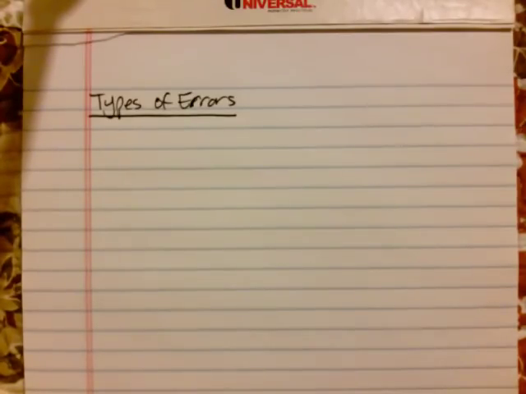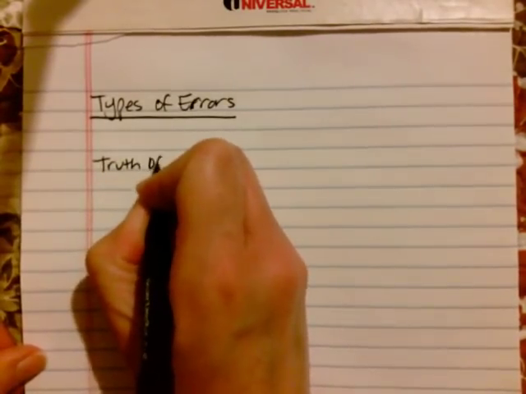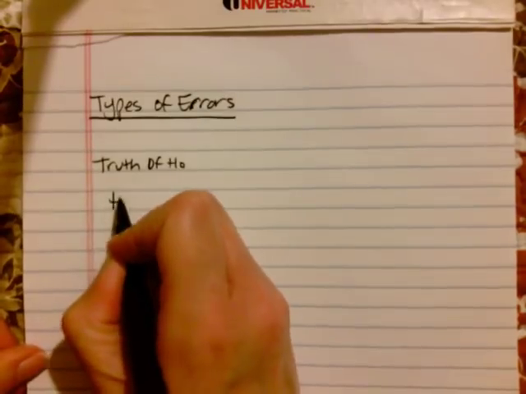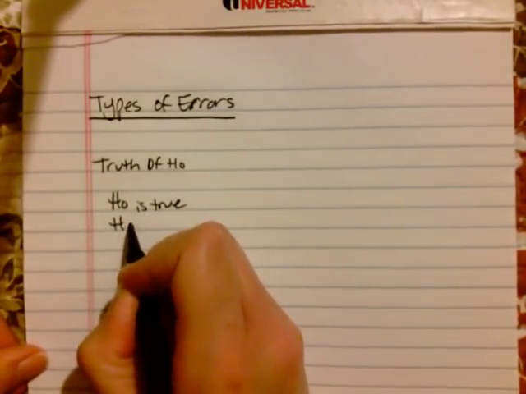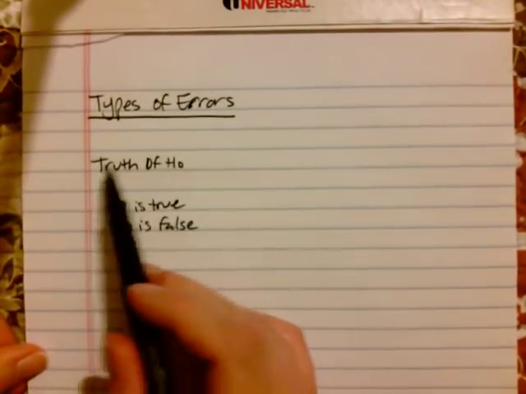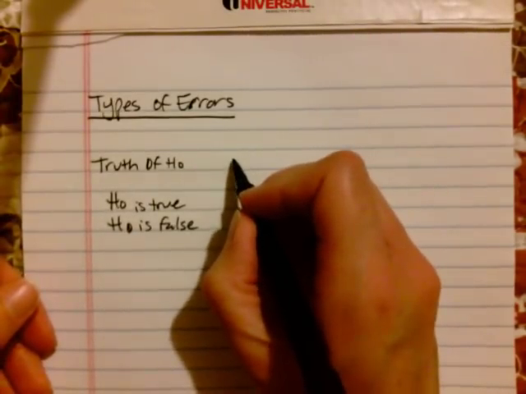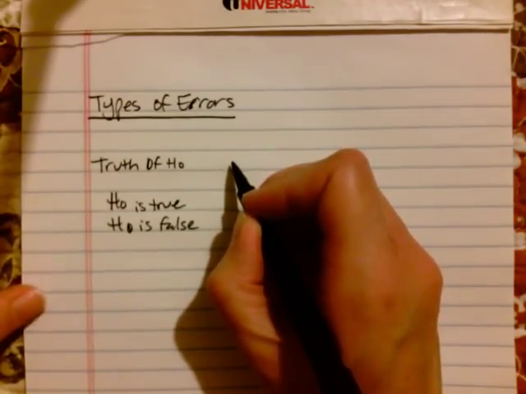And when we're looking at hypothesis tests, there's essentially two different types of errors that we can make. So if we think about our null hypothesis, it is either true or it is false. But we'll almost never be in a position to know whether it's true or false. All we get to control is whether we reject or fail to reject the null hypothesis.